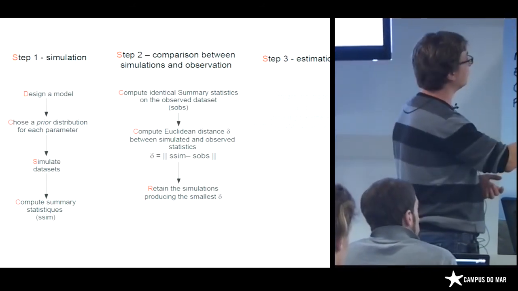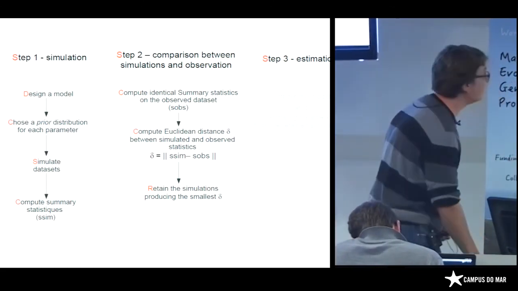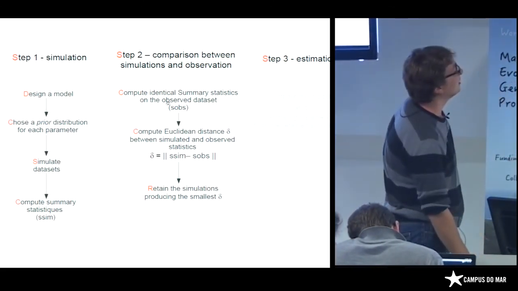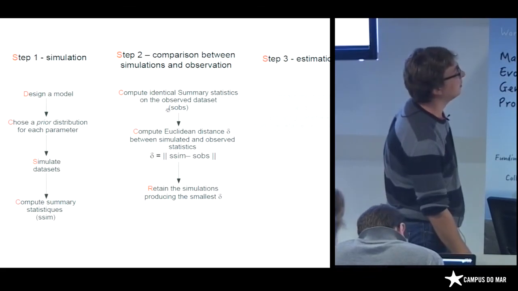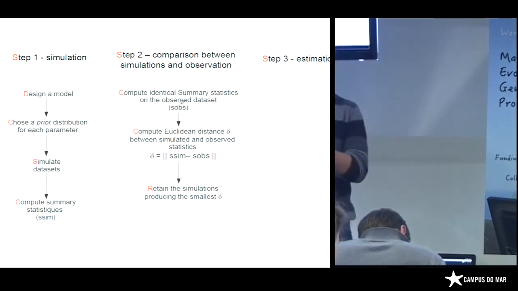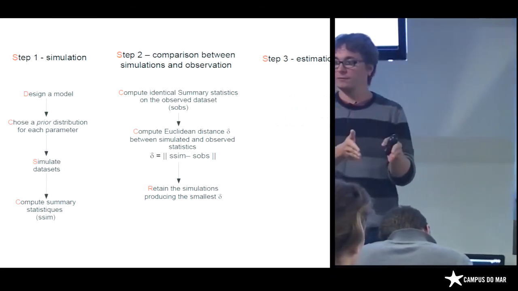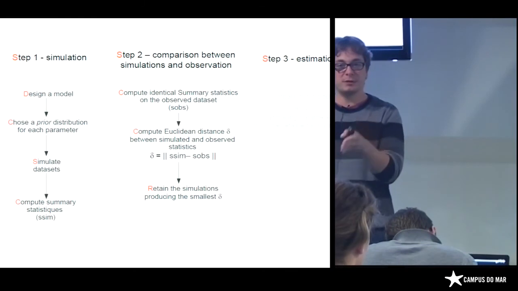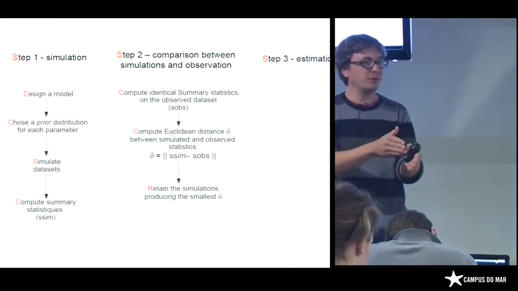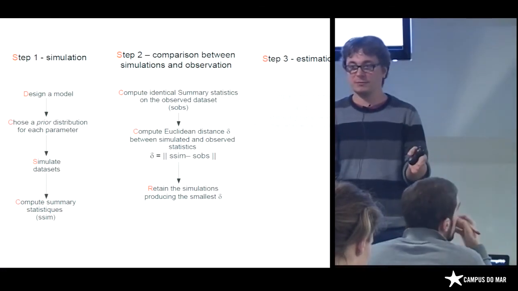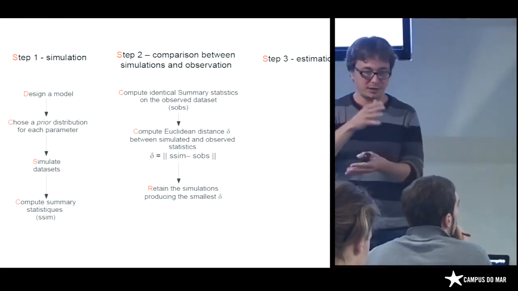So you compute the same summary statistics as here on your observed data set. So basically, it will be the number of shared polymorphisms, the number of fixed differences, the number of polymorphic in population 1 and monomorphic in population 2, and vice versa.